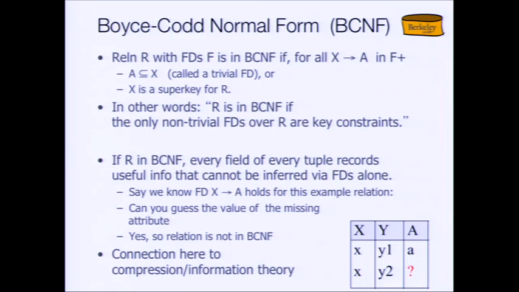There's something here that isn't a key of this table. So there's things we've written down that could have been determined by the functional dependencies. If I know this and I know this, then I also know that. That seems a shame. That's bad. If you're in Boyce-Codd normal form, you can never do that. You can never infer stuff. Everything that's written down is something you needed to write down.